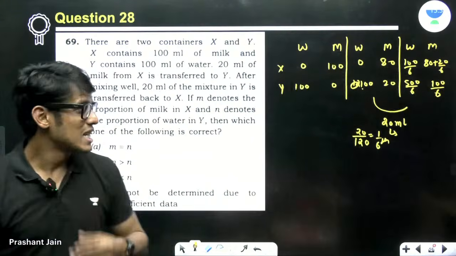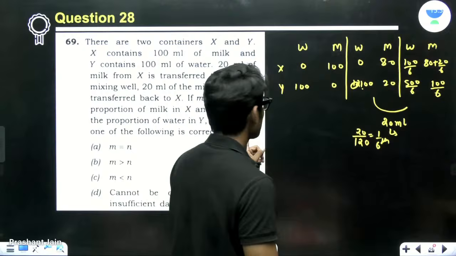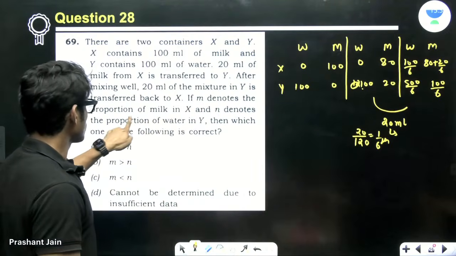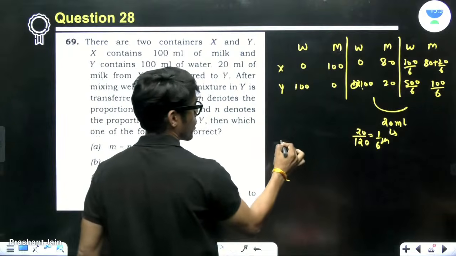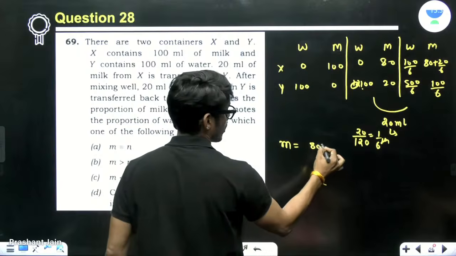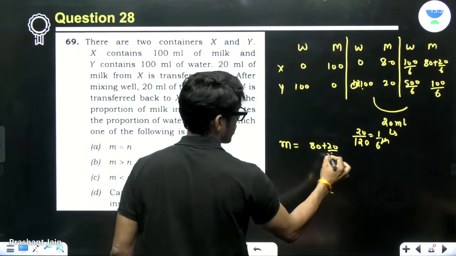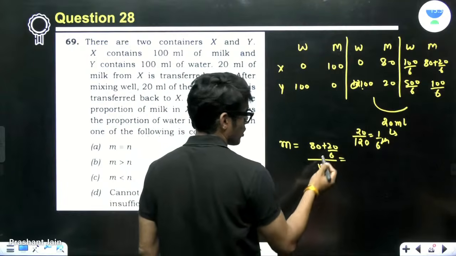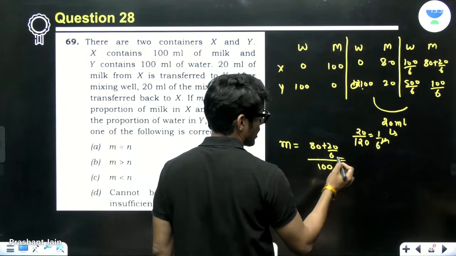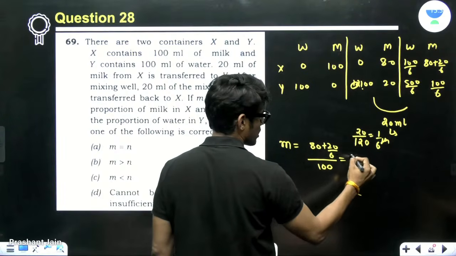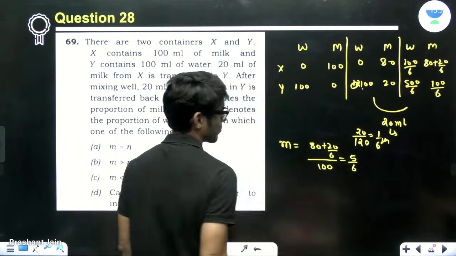Now you can see what it is saying. If M denotes the proportion of milk in X, the proportion of milk in X is 80 plus 20 by 6 upon 100. So what I am getting here is 500 by 6, which gives 5 by 6.